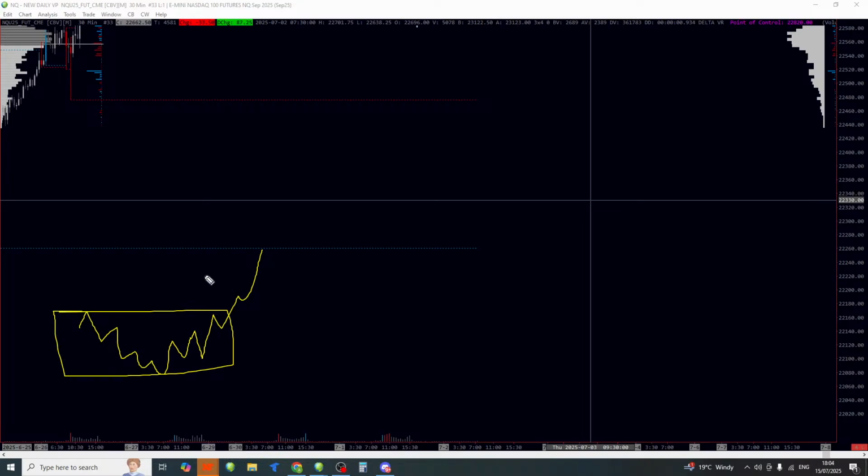Some people call it a range, same thing. Then it will break out of that range, and then it will return to a range of the past. Let's say if price did something like this and then came down, you would have this range here, and when we break out of this range, this is showing you that there's strength in the market. So when price leaves one range, it's going to head to the previous range.